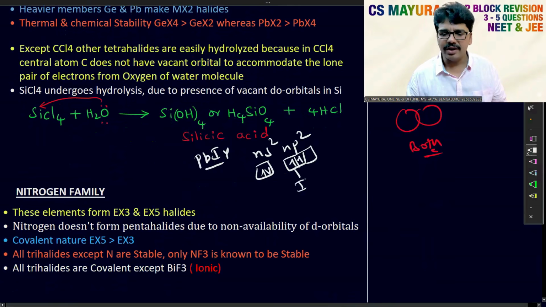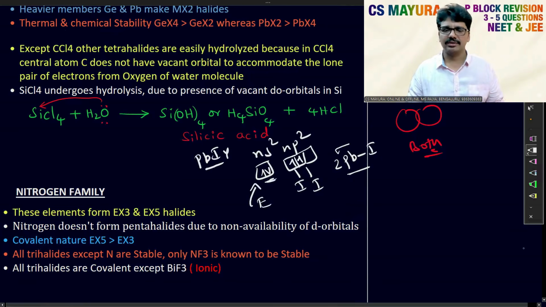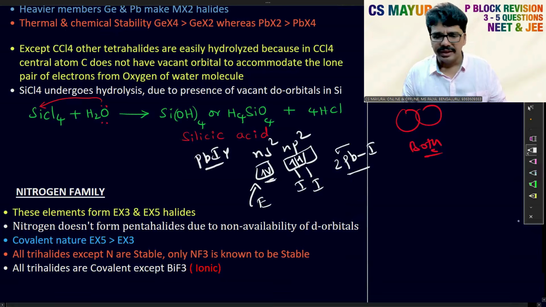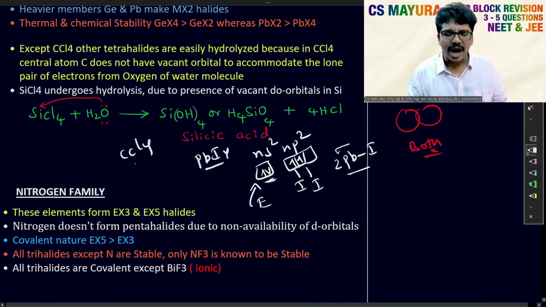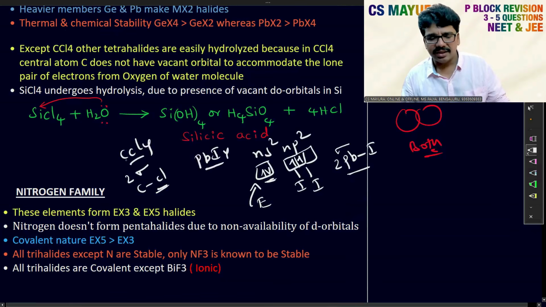With these electrons, iodine forms one bond, and with these electrons, iodine makes another bond. So 2 sigma bonds are formed. In the formation of 2 sigma Pb-I bonds, some energy is released. That energy is not sufficient to excite these ns electrons. In the case of CCl4, after formation of 2 sigma C-Cl bonds, the ns electron of carbon is excited to the np orbital.